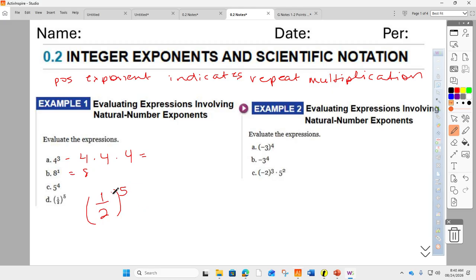All right, so 1/2 is the base. 5 is how many times it's going to be multiplied, right? Those are 2s. I know they don't look like much, but those are 2. So multiplying fractions, multiply all the numerators, we're at 1. Multiply all the denominators, and we're at 32.